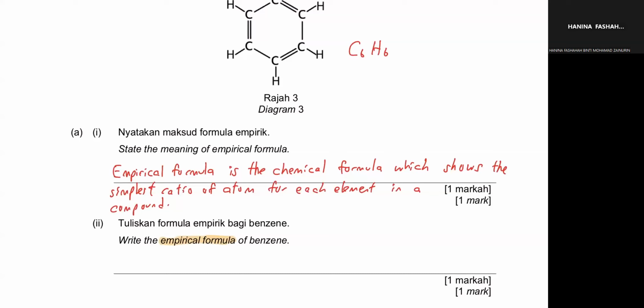Simplest ratio means the formula can be simplified, divided by 6. Yeah, CH. Correct. Simplest means they divide by 6 becomes CH. This one is the molecular formula. This one is the empirical formula.